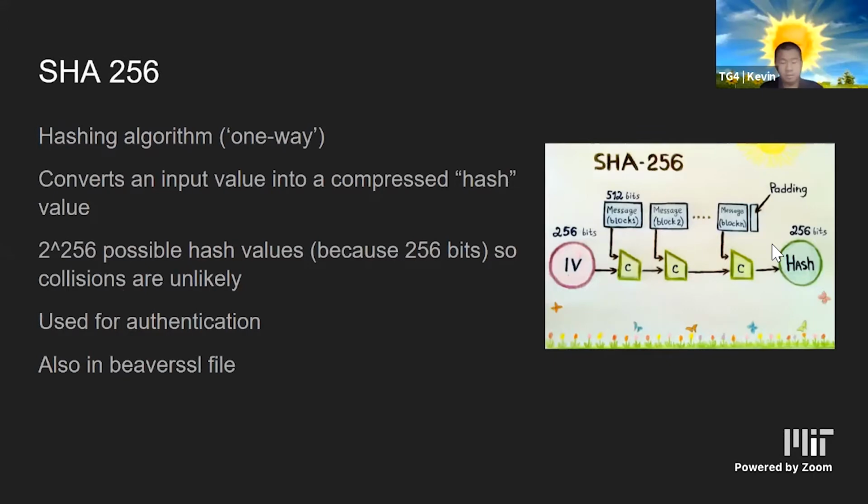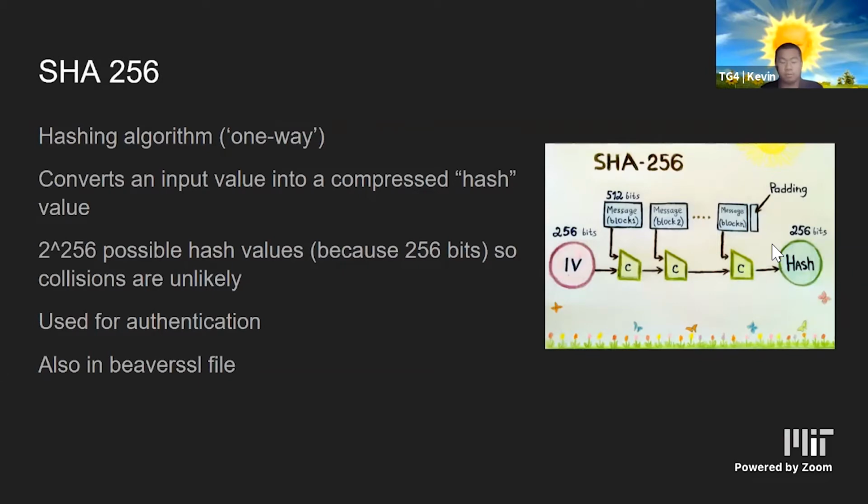Yeah, so in addition to what Ian said about the AES 128, we also use SHA-256, which is a hashing algorithm. Essentially what this does is it converts an input value and compresses it to a hash value. There are 2^256 possible values for this hash value. It essentially maps a larger input space to a much smaller output space.